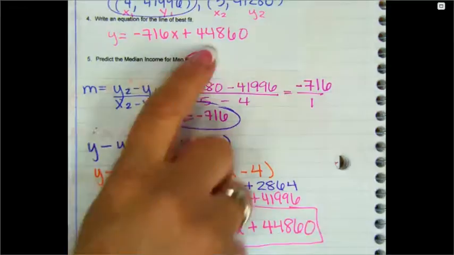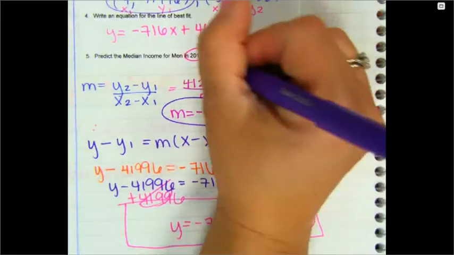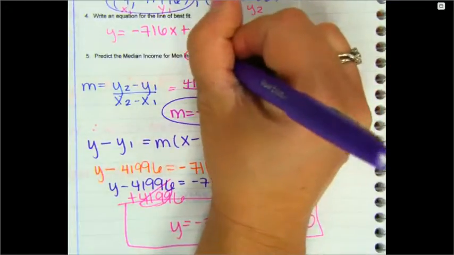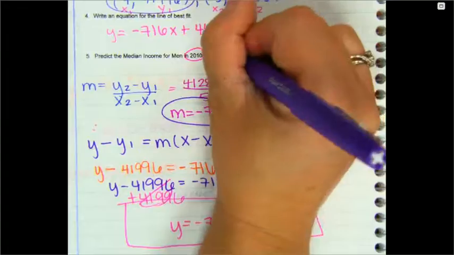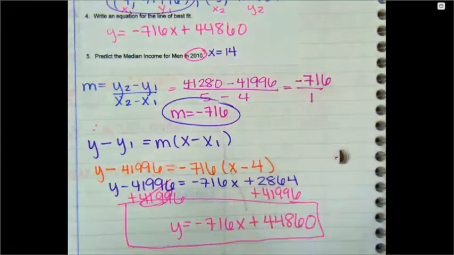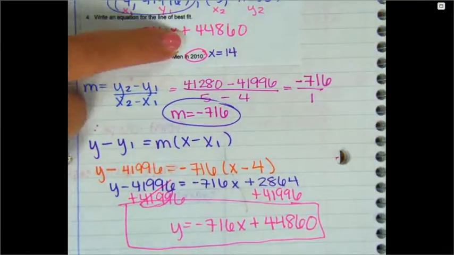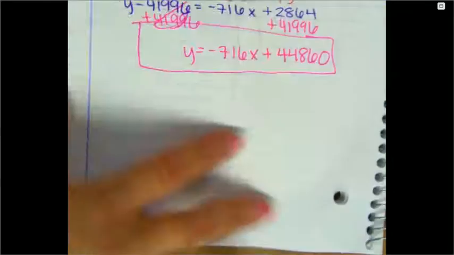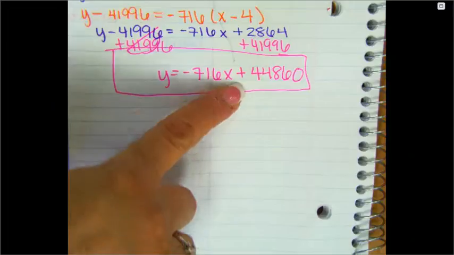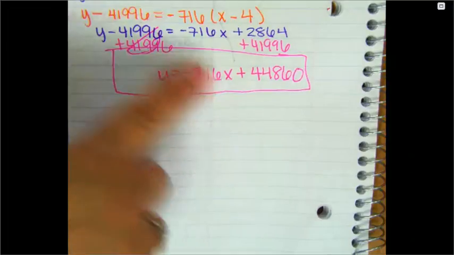So what are you plugging in? Is this x or y? X equals 14. Archie, where are you going to plug in 14? Into x, into your line of best fit. Okay? So down at the bottom right now, you're going to take your line of best fit, which you just found, and instead of x, we're going to plug in what number? 14.